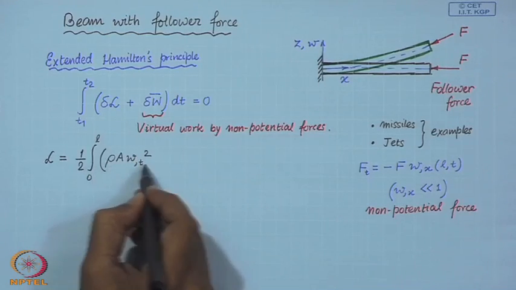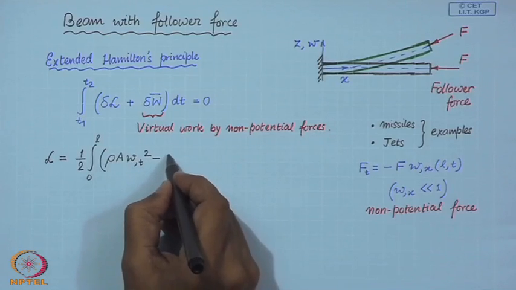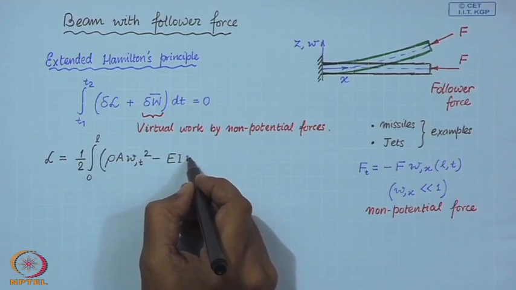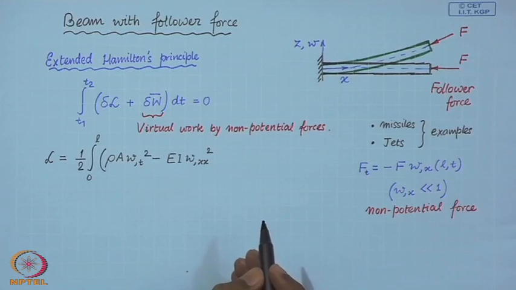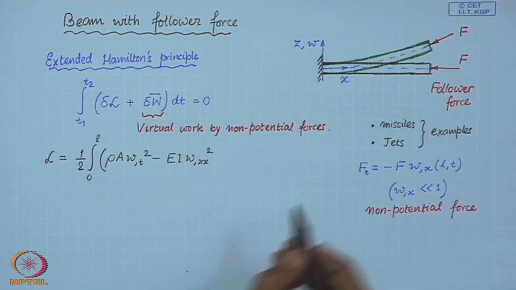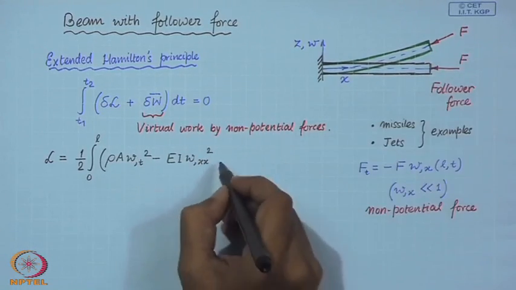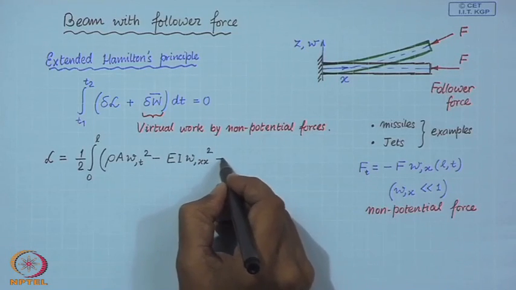That comes from the kinetic energy of a beam element minus the potential energy due to flexure, and then there is a potential energy because of this axial force, because of axial straining.